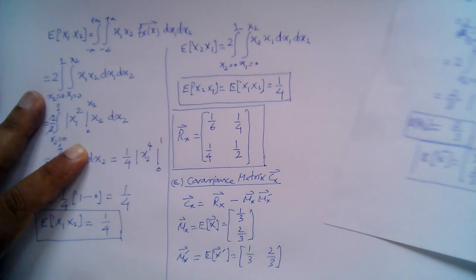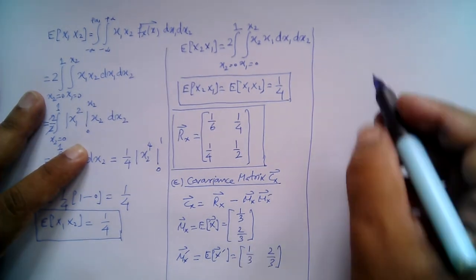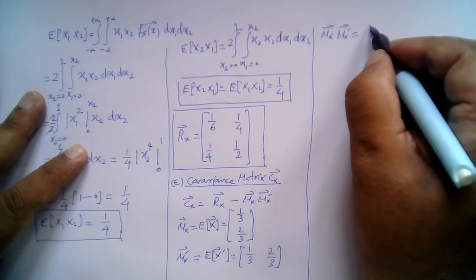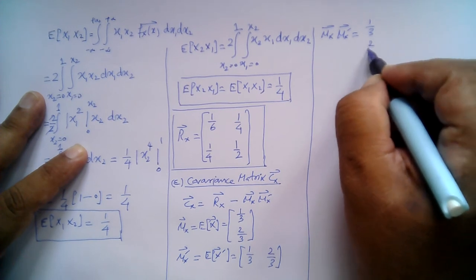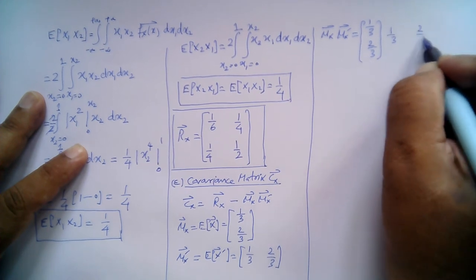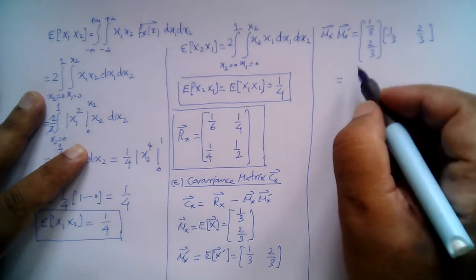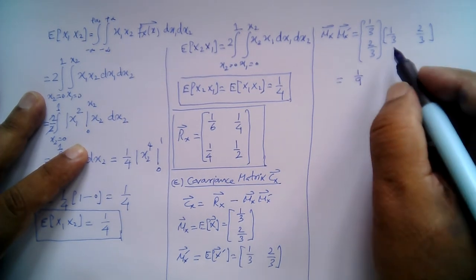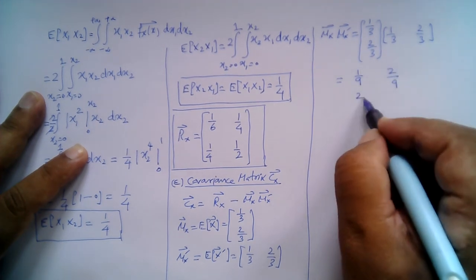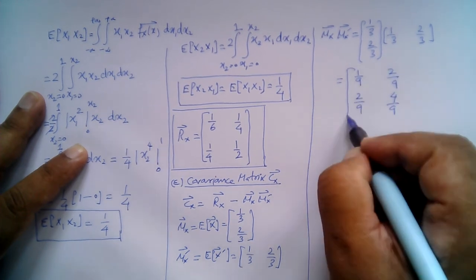So we can easily calculate this product then. So mu x bar, mu x dash bar is given by this column vector 1 over 3, 2 over 3 multiplied by this row vector 1 over 3, 2 over 3 here. So when we multiply it, we get 1 over 9, right? And then 2 over 9 again here, 2 over 9 here, and that is 4 over 9 here, right?